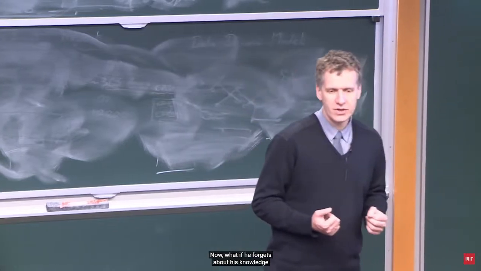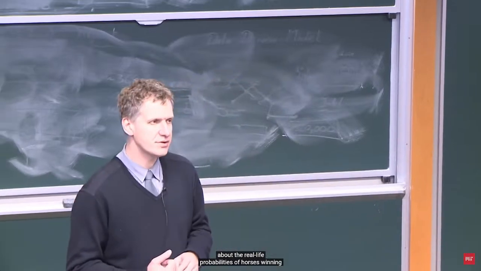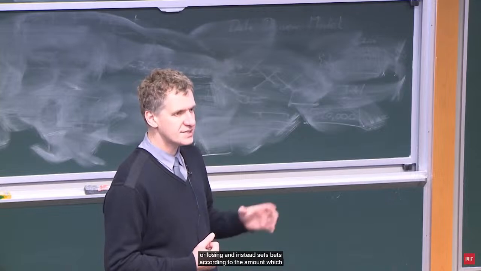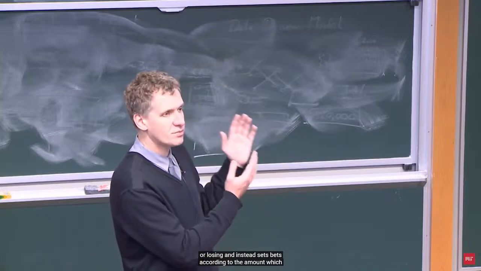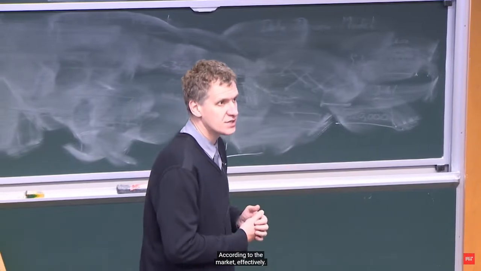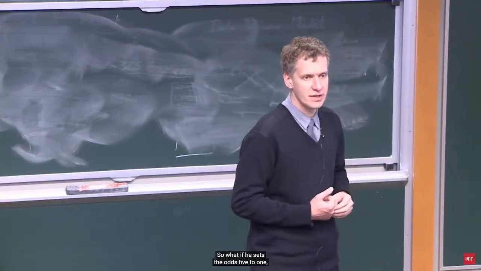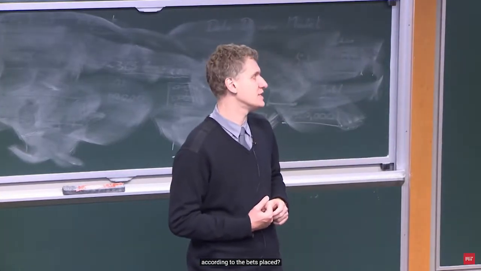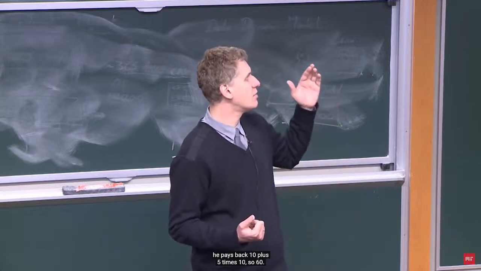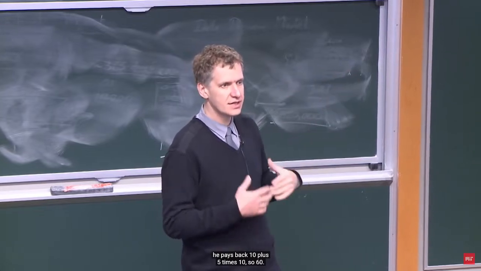Now, what if he forgets about his knowledge of the real life probabilities of horses winning or losing, and instead sets the odds according to the amount which was already bet, according to the market, effectively? So what if he sets the odds 5-1, according to the bets placed? Well, in this situation, if the first horse wins, he pays back 10 plus 5 times 10, so 60.